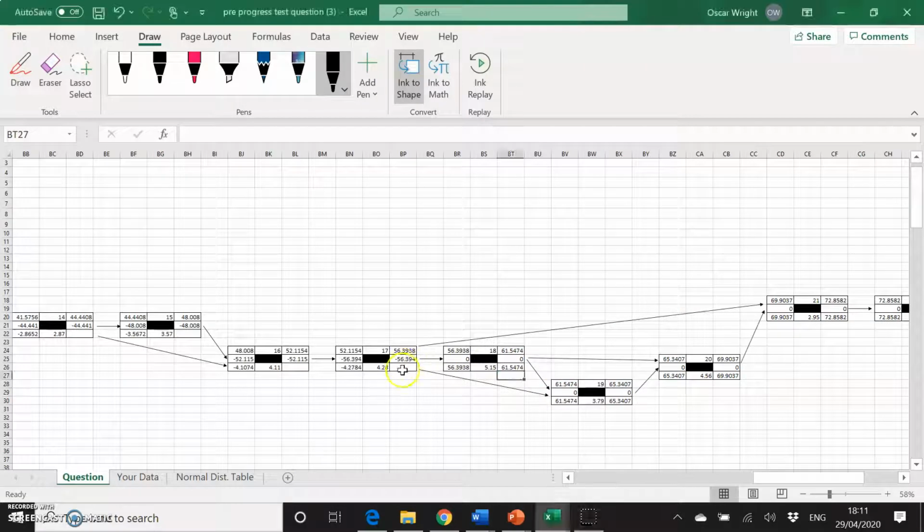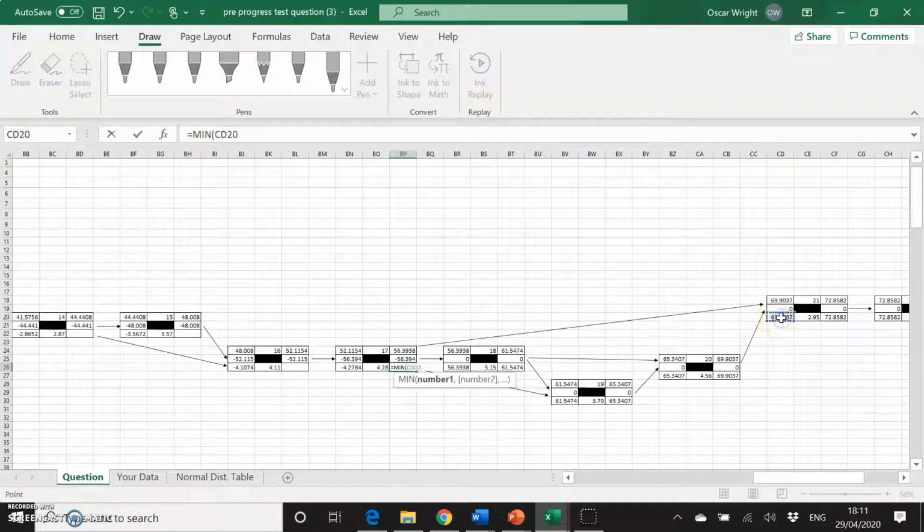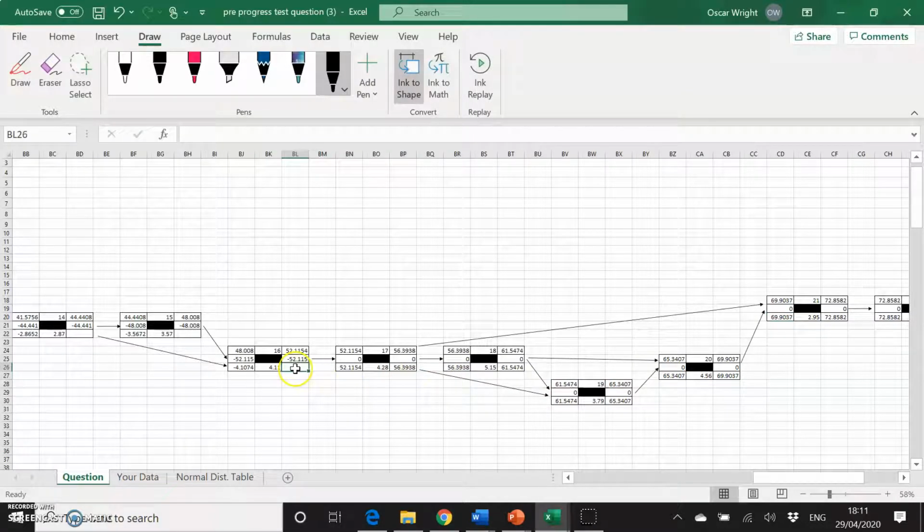Now, number 17, we know goes to 21, goes to 18, and goes to 19. So again, we take the minimum value between those three. The minimum value of the late start, 19 and 18. 16 is only followed by 17, so it must equal that.